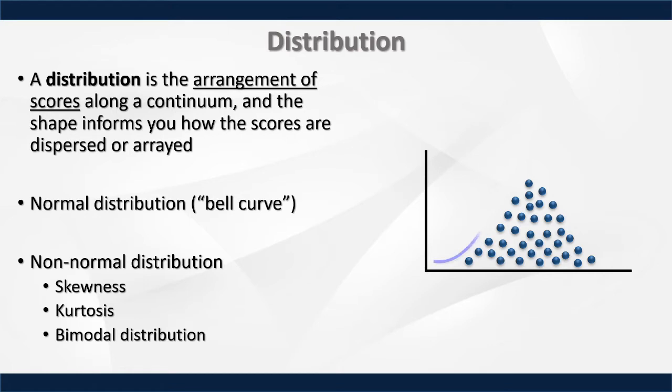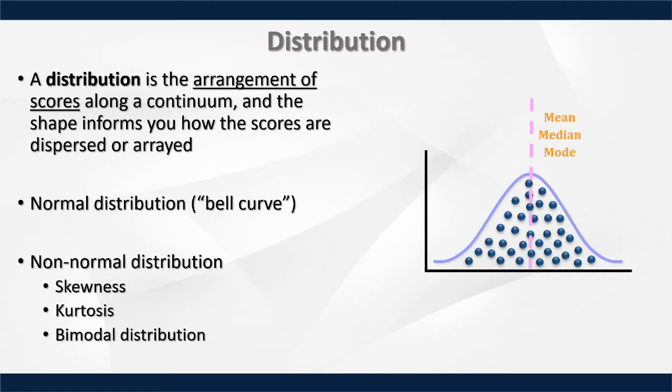As you can see from the normal distribution pictured here, if you were to cut the distribution straight down the middle, both sides would be symmetrical, meaning that they're mirror images of each other. One characteristic of the normal distribution is that the mean, the median, and the mode are in exactly the same location, right down the middle.